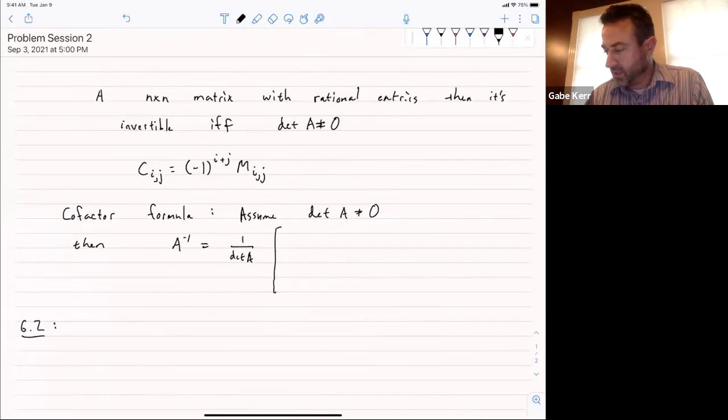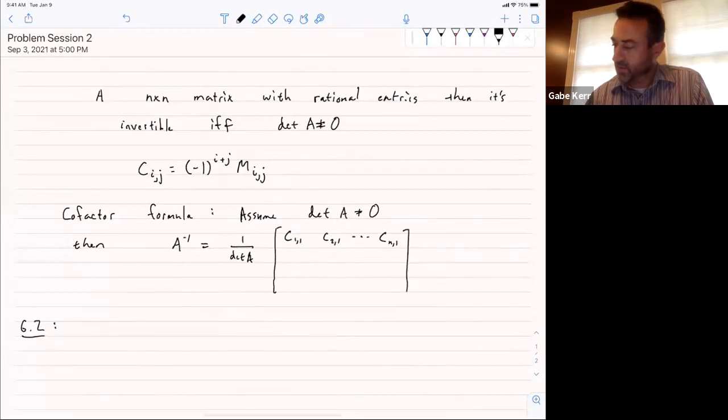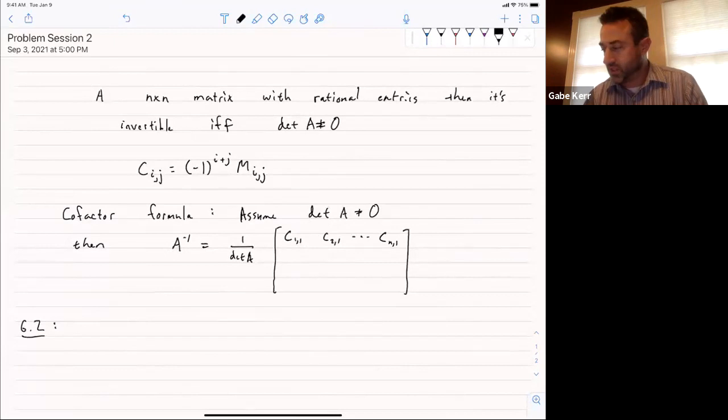I can put C11, C21, going down to Cn1, so it looks like I'm switching. If I were to write an entry, it should be in the second row, first column. This formula has a sort of transpose in it.